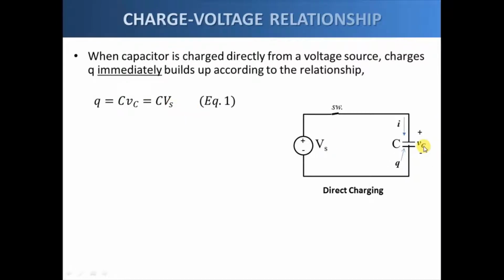So since V sub C is equal to V sub S, we have the Q stored in the capacitor as C V sub S.